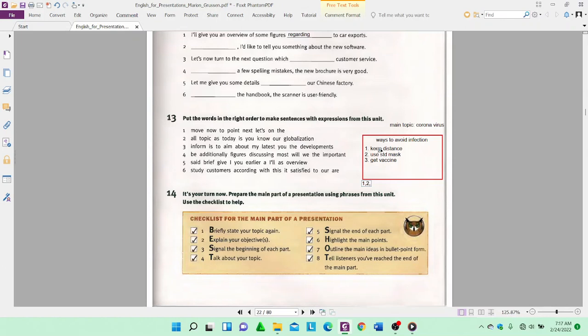If you don't want to get infected by any person that is already infected, it is very important to keep distance from him or her.